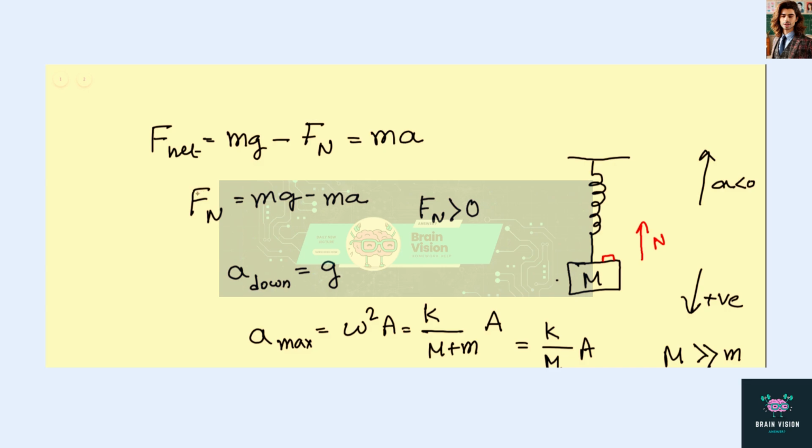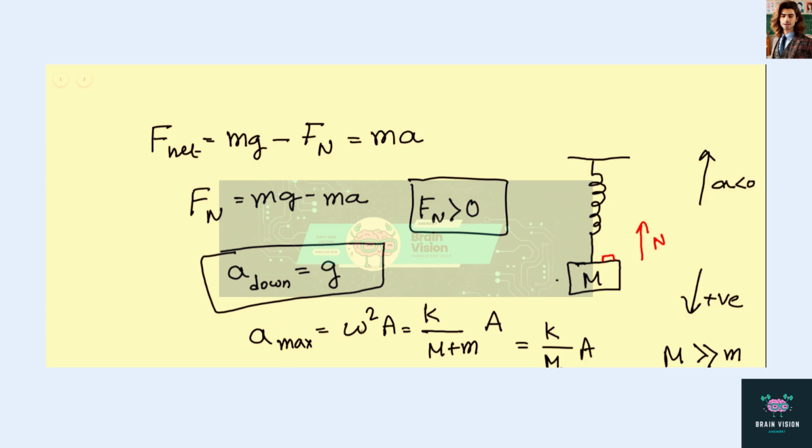Since the normal force cannot switch directions, Fn has to be greater than or equal to 0, and that condition allows us to set a down equal to g. From there we can write that the maximum acceleration possible is g.